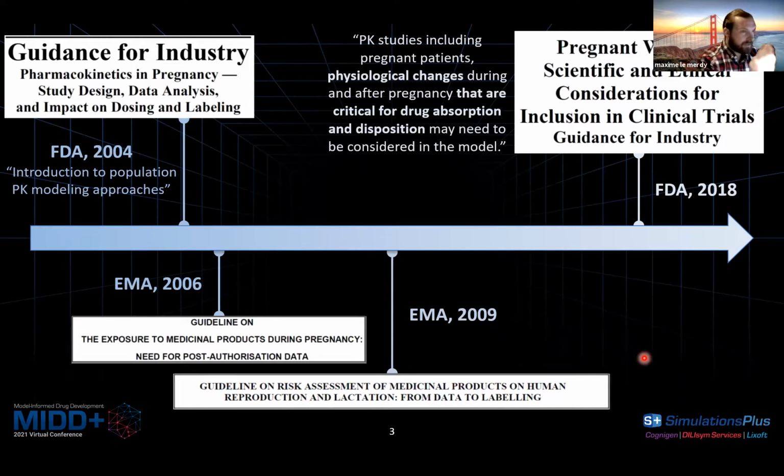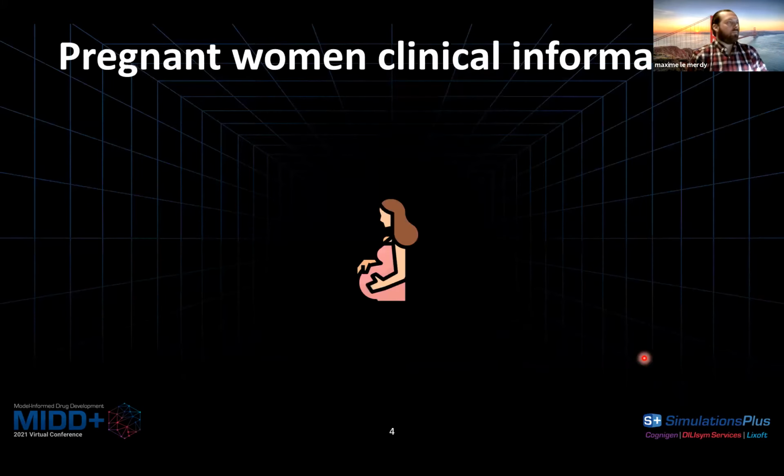But there is one sentence in this guidance that really struck me: PK studies including pregnant patients and the physiological changes during and after pregnancy that are critical for drug absorption and disposition may need to be considered in the model.